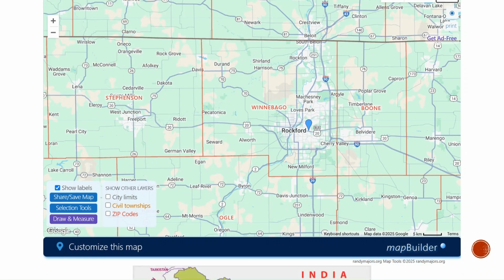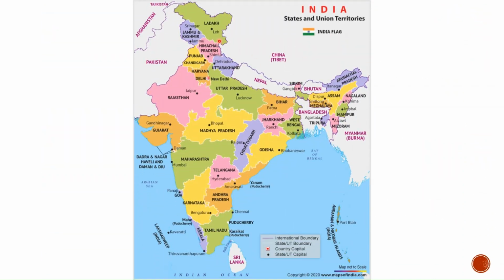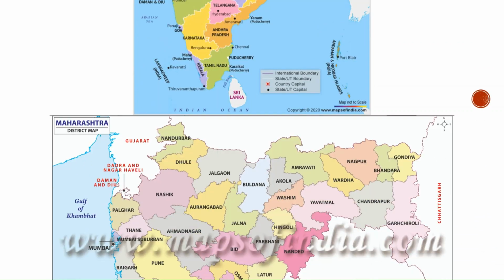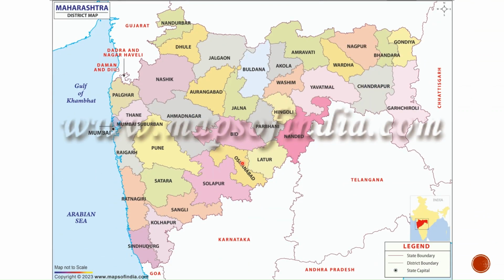Similarly, in India's case, we start at a nation level. India has 28 states and 8 union territories. Now let's focus on the state of Maharashtra. If I zoom into Maharashtra, it has several districts: Solapur, Ahmednagar, Jalna, and so on.